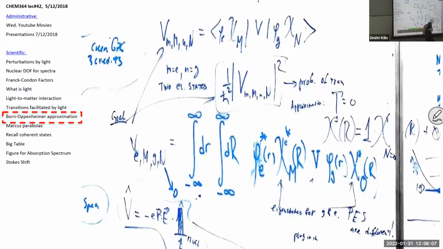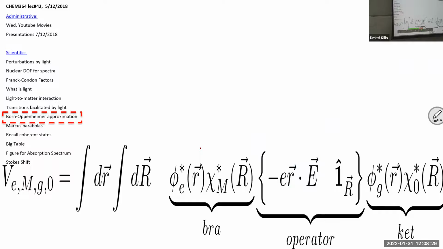So ground, excited, interaction. As we go through this procedure, I'm going to apply a trick, and I will talk about it later. So this is our goal.